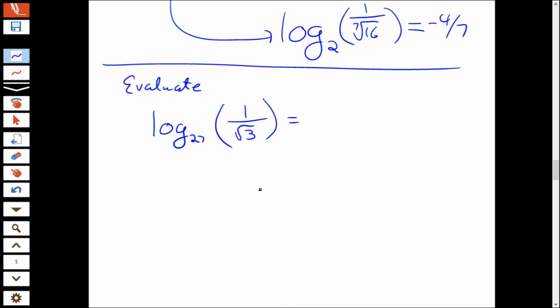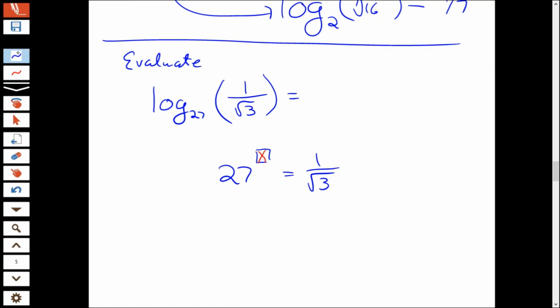What is it saying? It's saying 27 to the something equals 1 over the square root of 3. And the log is going to equal that exponent, whatever that something is. Now we have an exponential equation. I can just rewrite that box as x, and we can go through and solve it like we've solved so many others before. Give me a common base between 27 and 3. Well, 3. 3 to the 3rd is equal to 27.